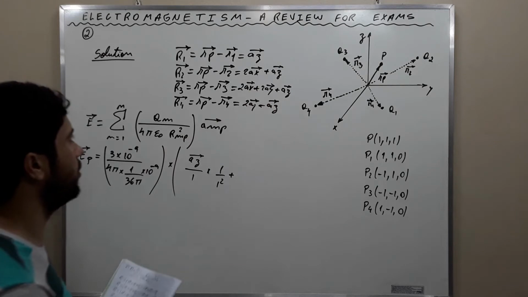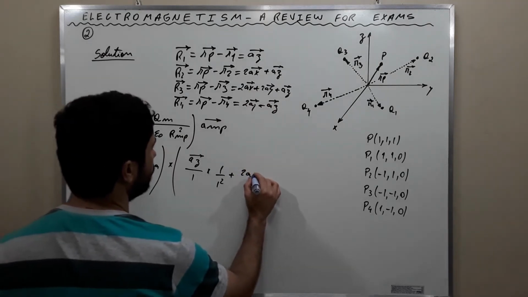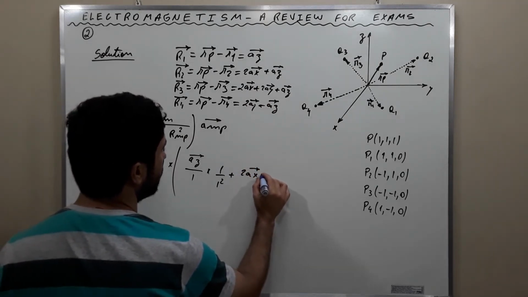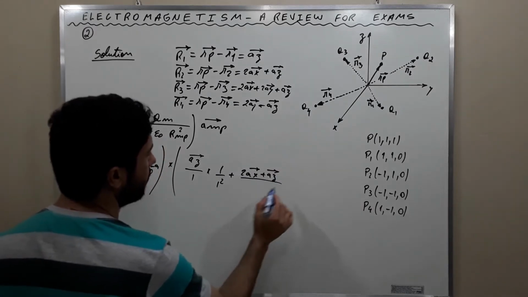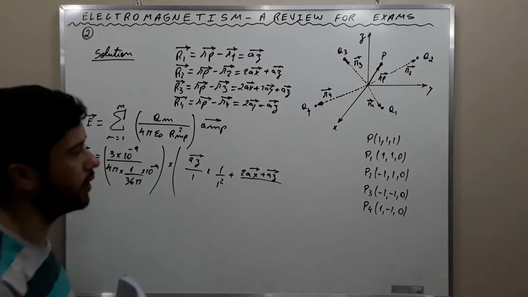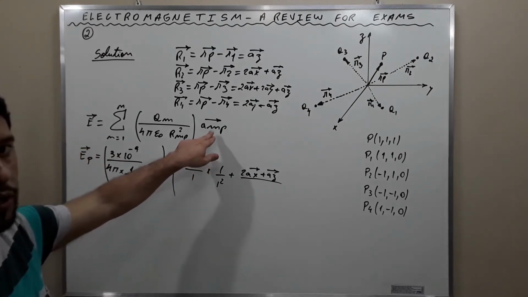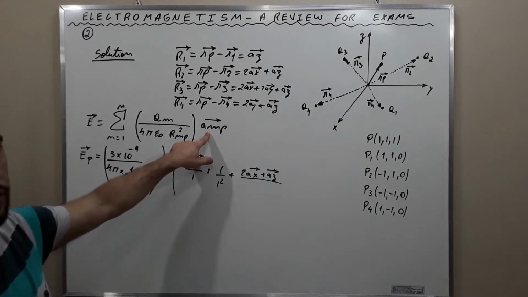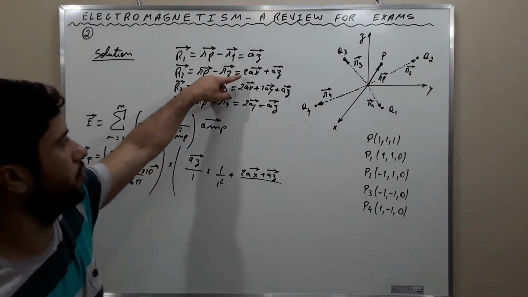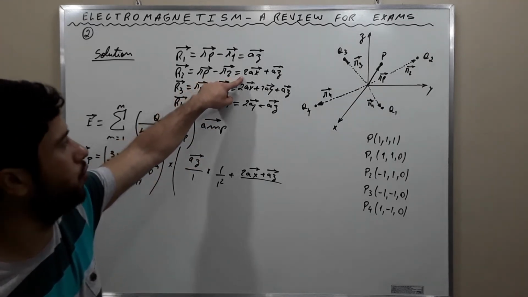We sum this, 2ax plus az, and we are going to divide by the magnitude of this because we are working with unit vectors here. To make a vector a unit vector, we have to divide it by its magnitude.